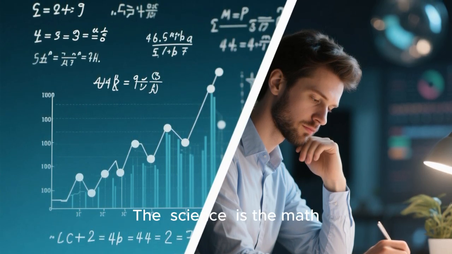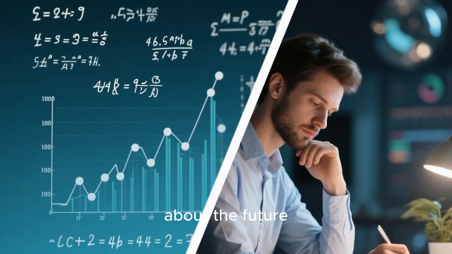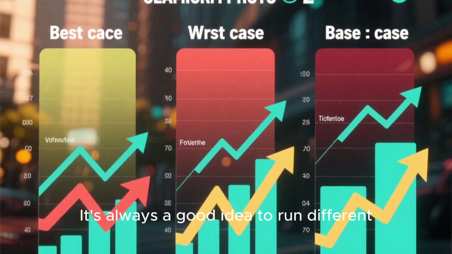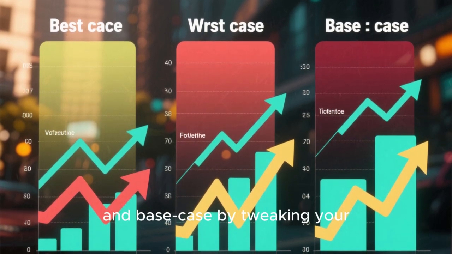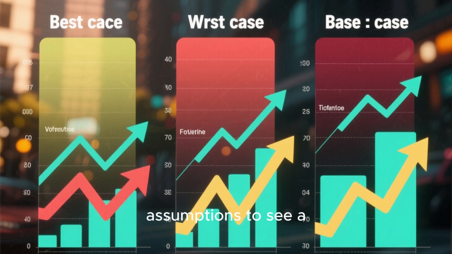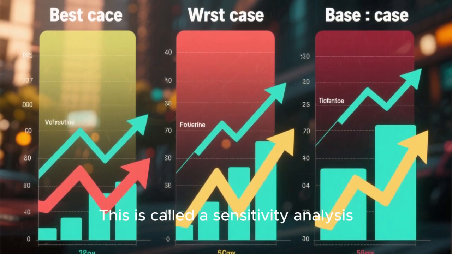The science is the math, but the art is making reasonable, well-researched assumptions about the future. It's always a good idea to run different scenarios, a best case, worst case, and base case, by tweaking your assumptions to see a range of possible values. This is called a sensitivity analysis.